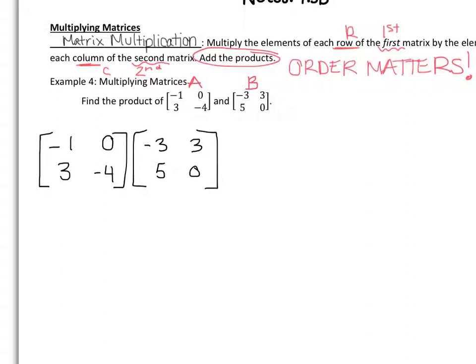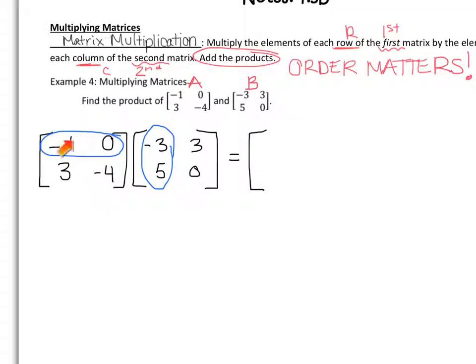We need to multiply the elements of the rows from the first. So we are going to take the first row in the first matrix and multiply it by the first column in the second matrix. Let me show you what this looks like. This will give us our row 1, column 1 element.